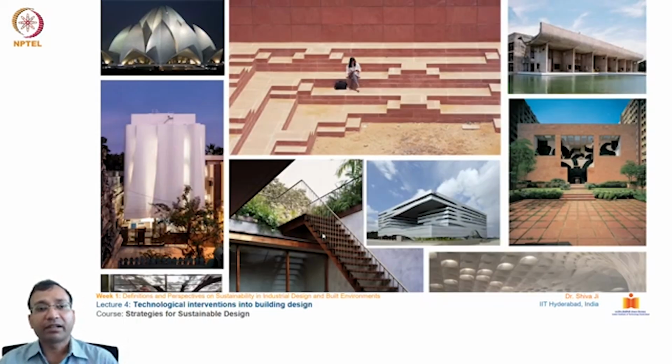Some more examples are here in this slide. You can see some of these very famous designs from different cities of India. They take care of the vernacular features of those regions. For example, the central top picture is from Jawahar Kala Bhavan in Jaipur.